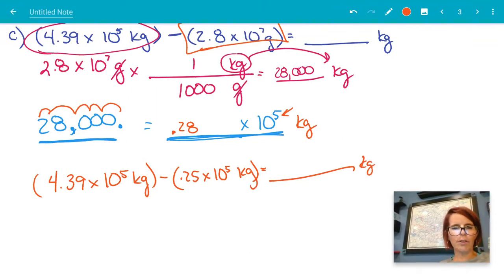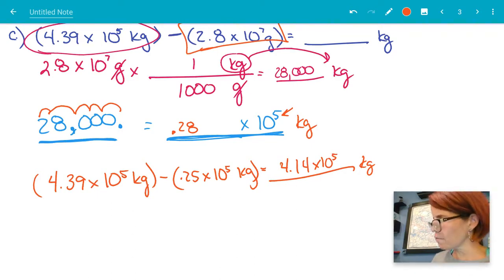Okay, so 4.39 minus 0.25, and I noticed they both have two numbers past the decimal, so that will be our significant figures. So 4.39 minus 0.25 is 4.14 times 10 to the 5th kilograms. And I think we're done because that looks like scientific notation. I'm just going to double check that I did it right.